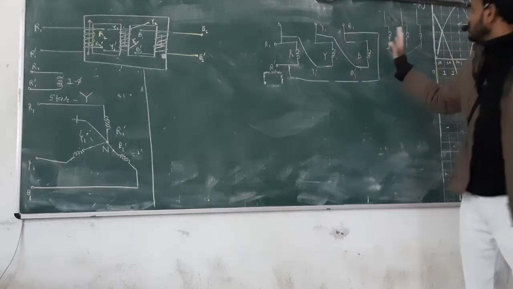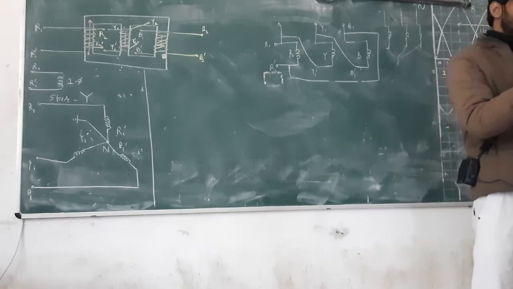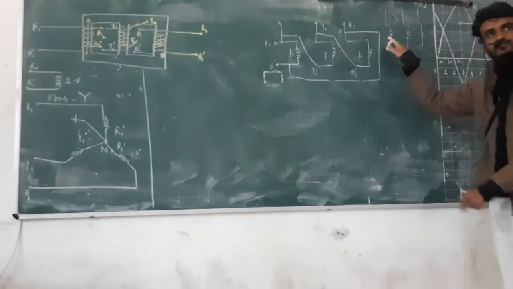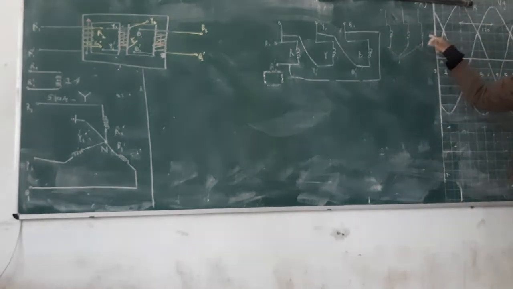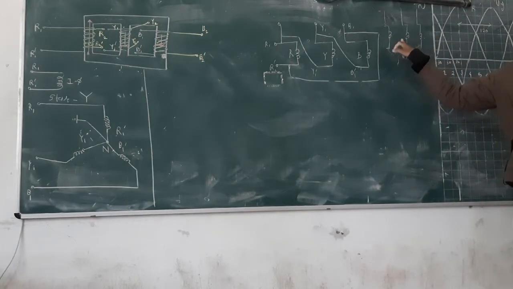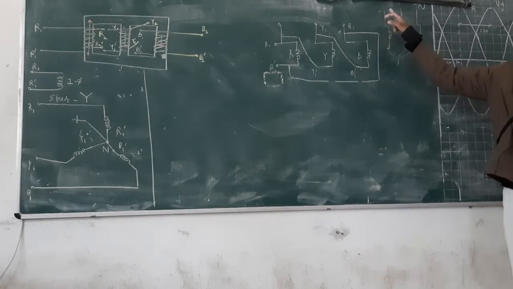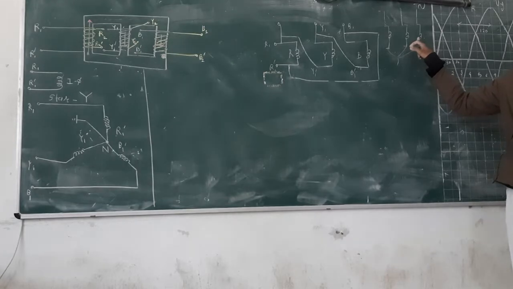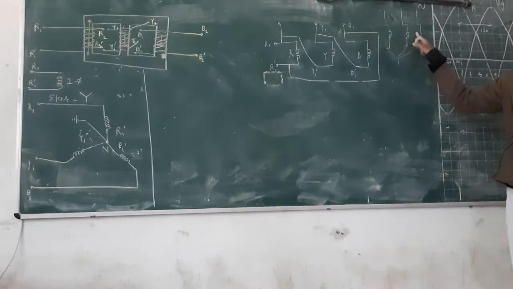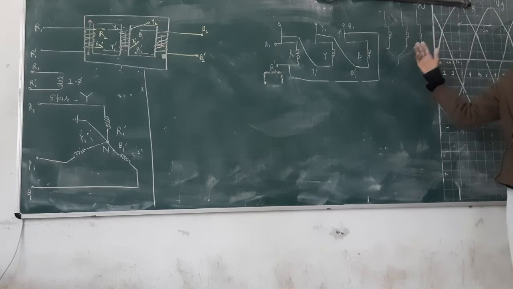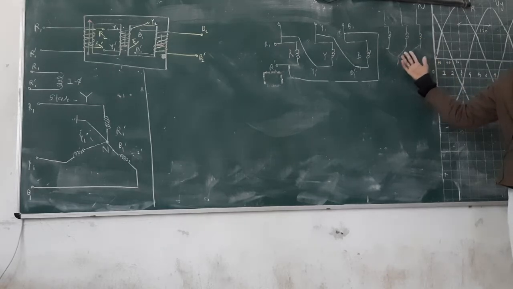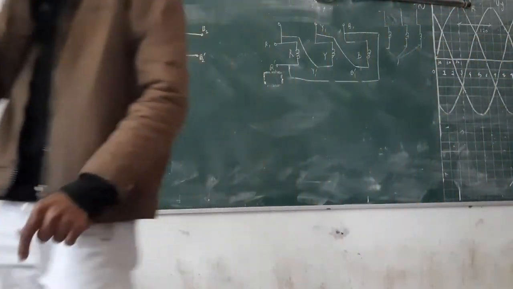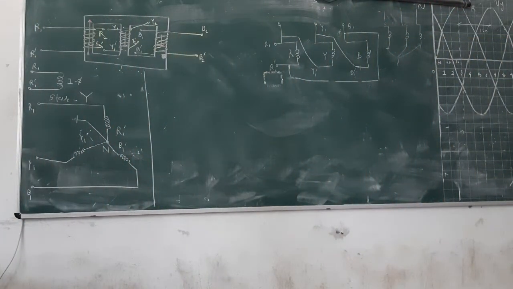Another coil should also follow the same pattern after a little bit of time. So it will go the same way as the first one, and the third one will go the same way as the second one. If this goes to the maximum of 100 volts, then the others will also follow 100 volts. But if some problem is there and it is only 90 volts, then we cannot say that this is balanced. It is not balanced. So for the balanced condition, two things are required: maximum peak voltage and the phase shift.